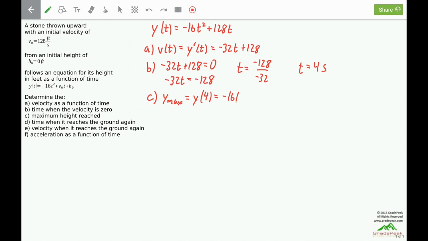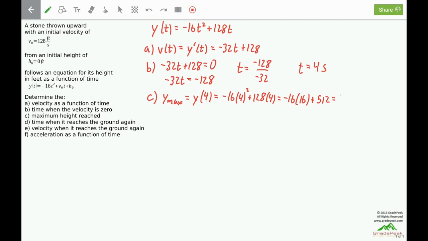We will have negative 16 times 4 squared plus 128 times 4. 4 squared is 16. Plus 4 times 128, that comes out to 512.